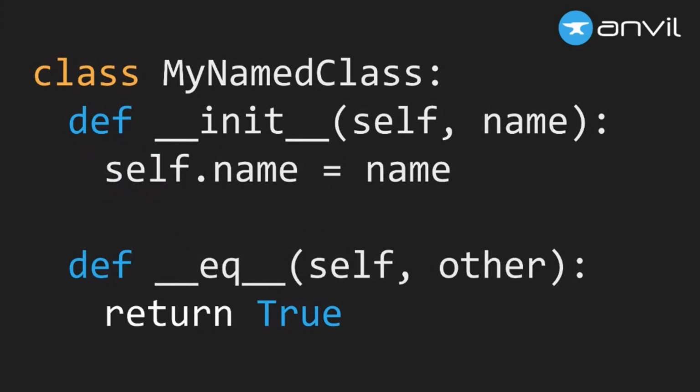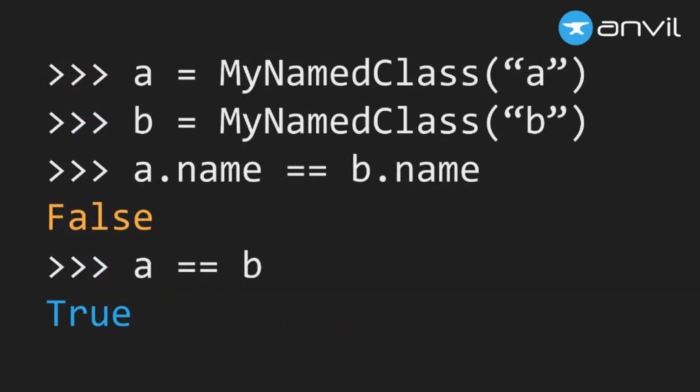What we're going to do now is look at a class that I've given a name just for the clarity of the examples that I'm about to show you. And I've defined its equals method to always return true no matter what. When you're overriding dunder methods, you have to be pretty careful because sometimes it can result in some unique or confusing behavior. So we're going to see an instance of that. I've got two instances of this class that I've just defined.